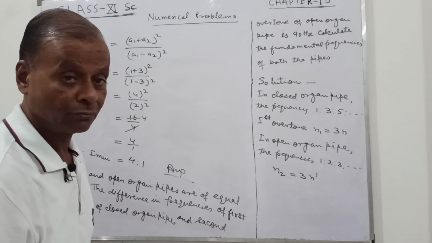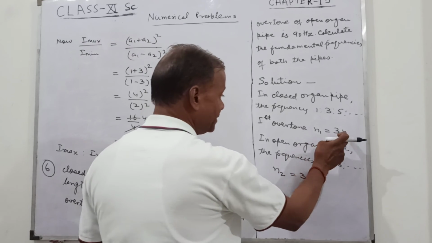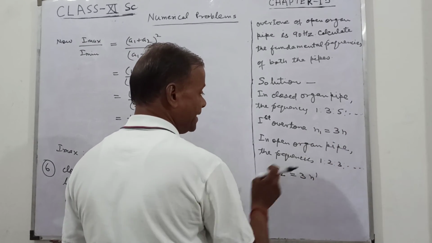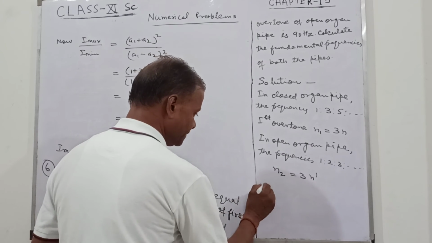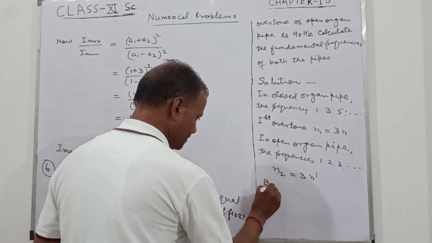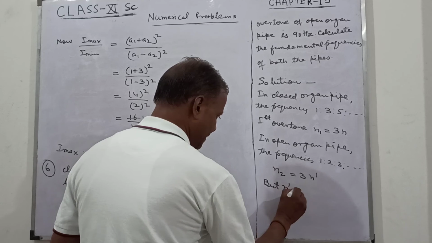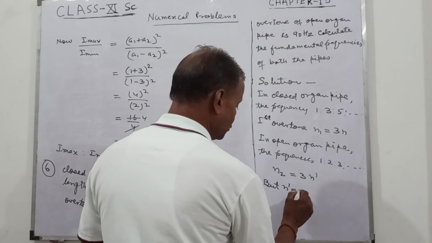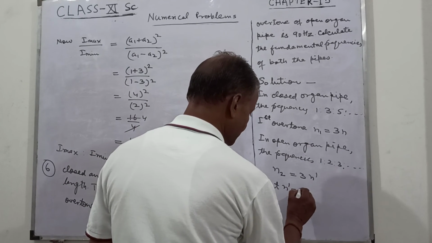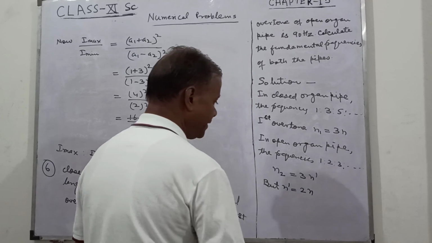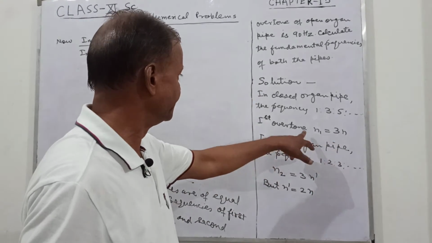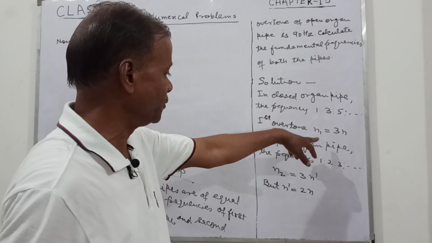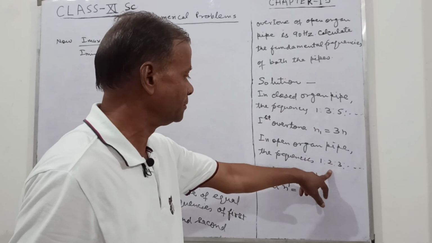And we know that N dash is equal to 2 times N. For closed, it is v upon 4l, for open it is v upon 2l.